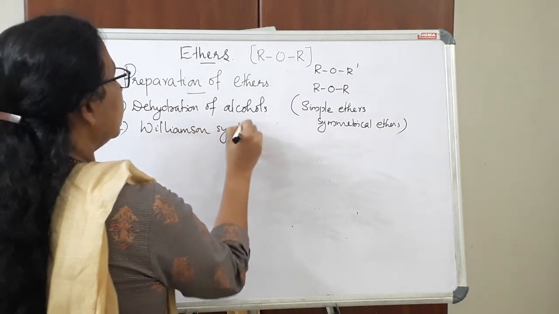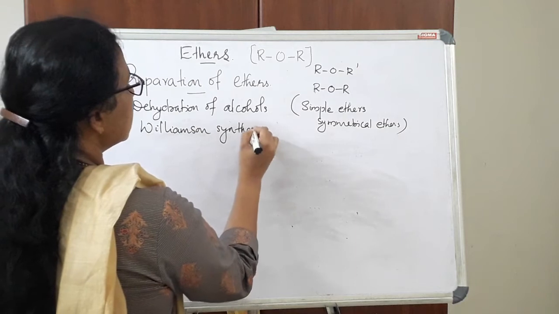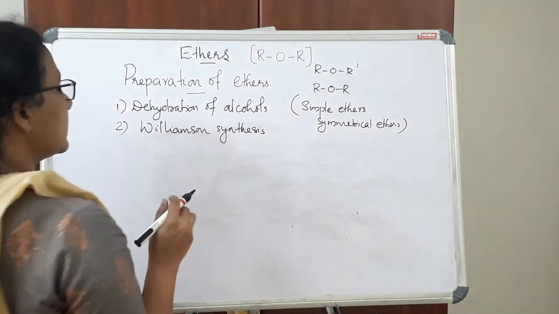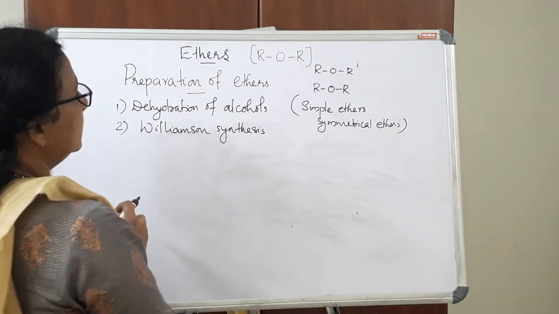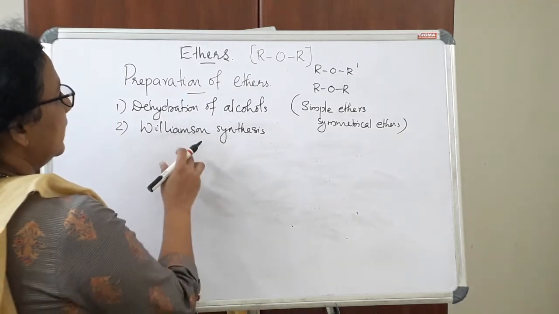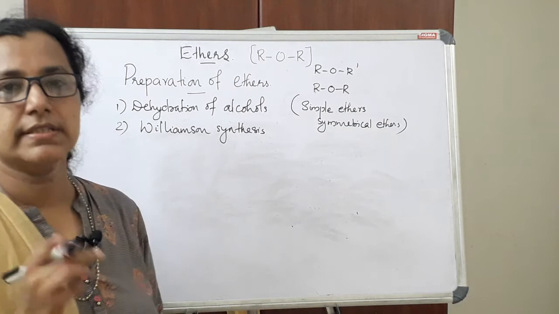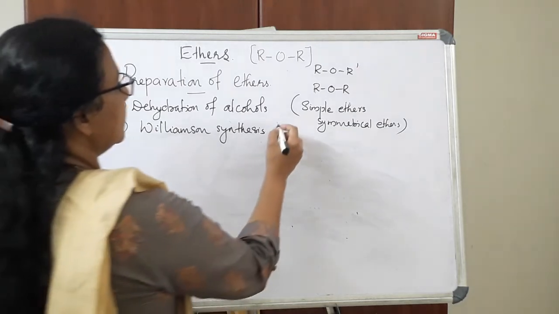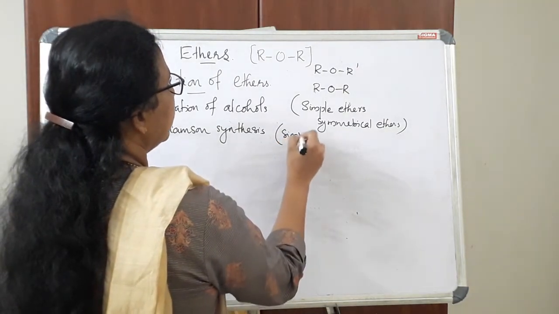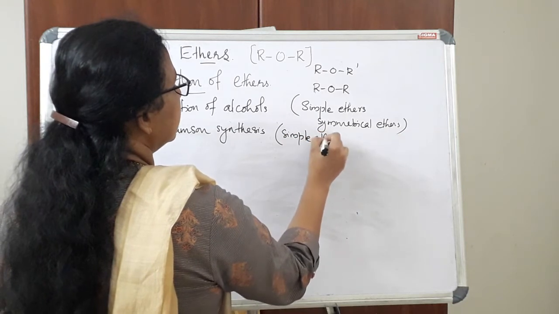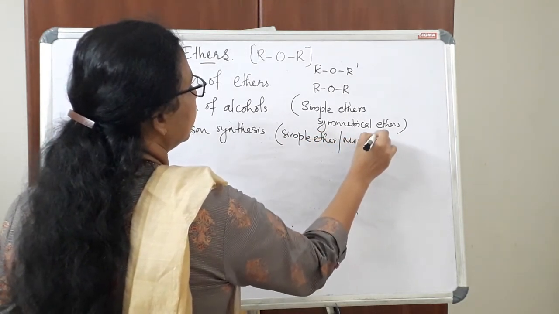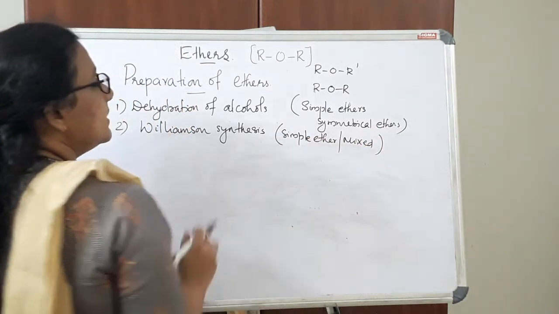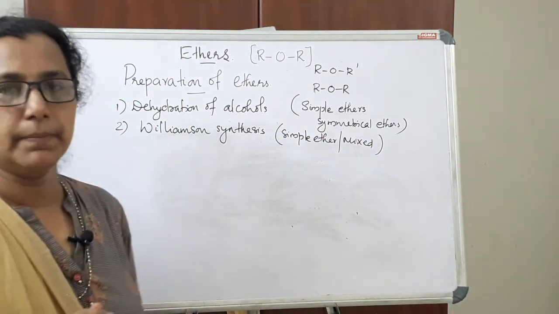We can call it Williamson ether synthesis. Actually, it is a synthesis for ethers. So this is the best method for the preparation of ethers. In this case, we can prepare simple ethers and mixed ethers. Both types of ethers can be prepared by this method.